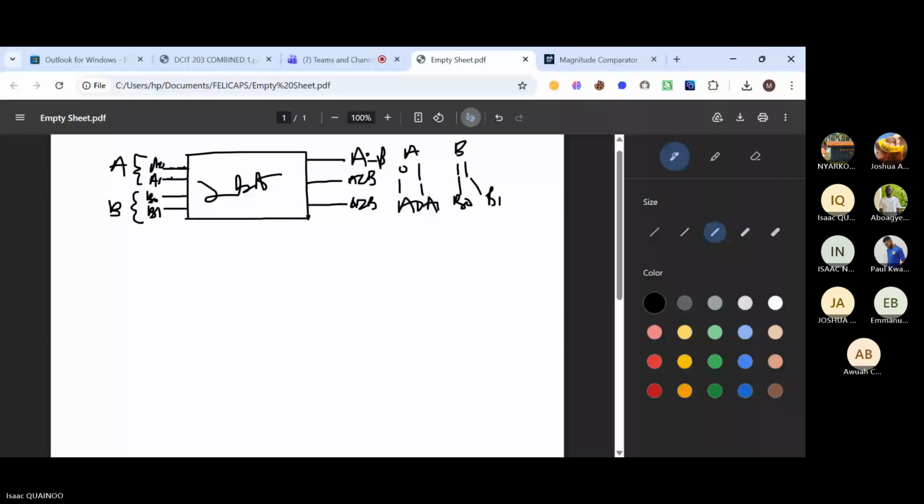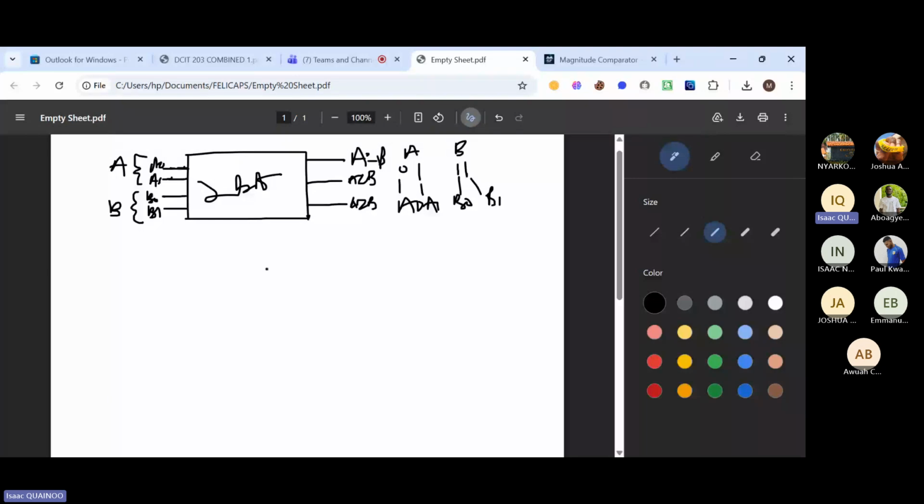The method is that we basically know that with comparators, only one output can be high at a time. So for 2 sets of inputs, you cannot have A equals B being high and, at the same time, A less than B being high.